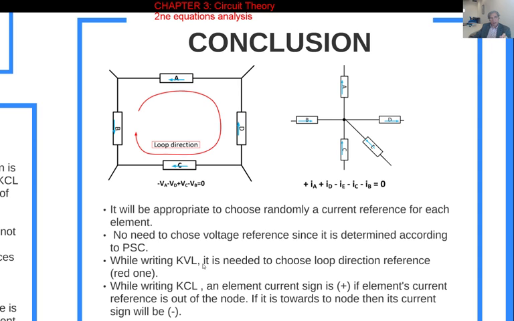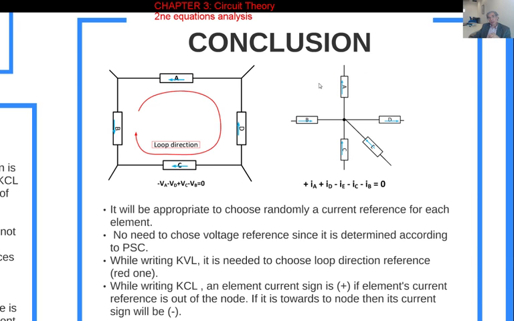Once you choose the loop direction, you can make a rule for writing the proper sign in front of the element voltages. That rule is: if the element current direction and the loop direction are the same, then the sign in front of the element voltage is going to be plus, otherwise minus.